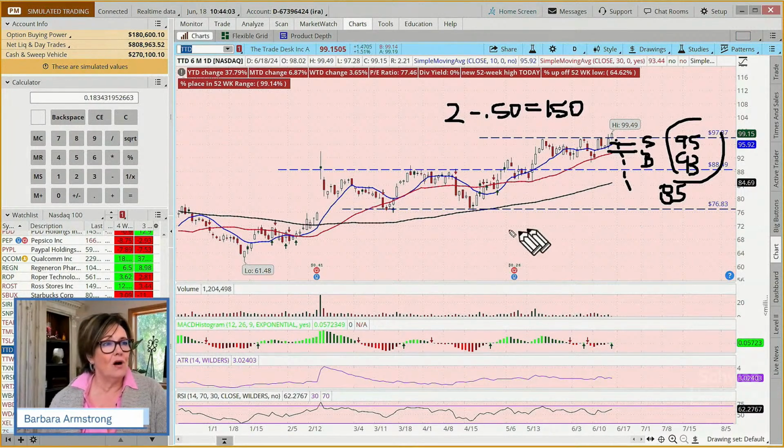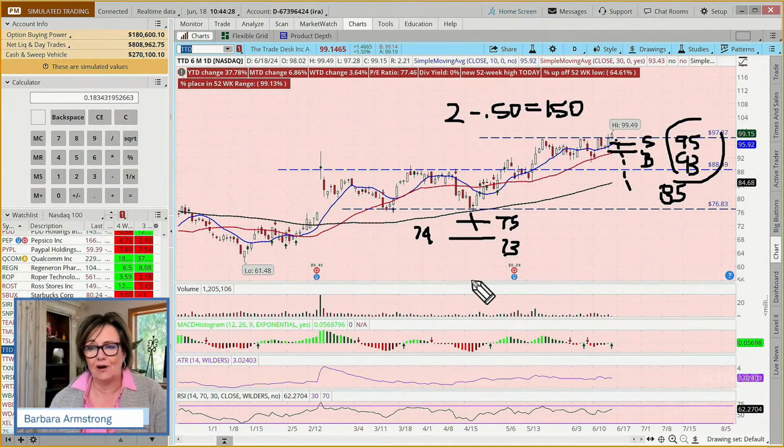Okay. Now, what if we had sold something here and it comes down in between and we're assigned, so we have to buy this stock at, let's say, 75, and we have a strike at 73 and it's trading at 74. Well, if we're assigned at 75 and we now have 100 shares of stock, we can just turn around and sell it at 74.